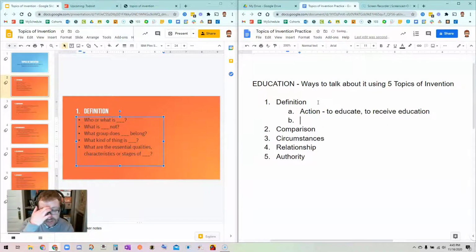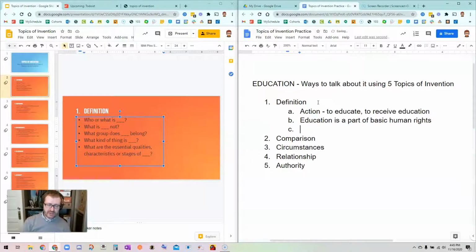Maybe I might want to say that education is a part of basic human rights. And so I might define it as a basic right, which helps me build out other arguments about how education should be set up because it is a basic right, because it requires that back and forth.